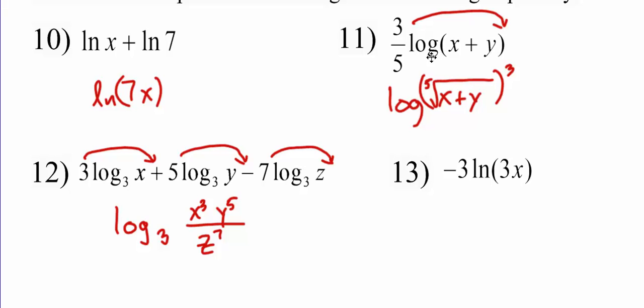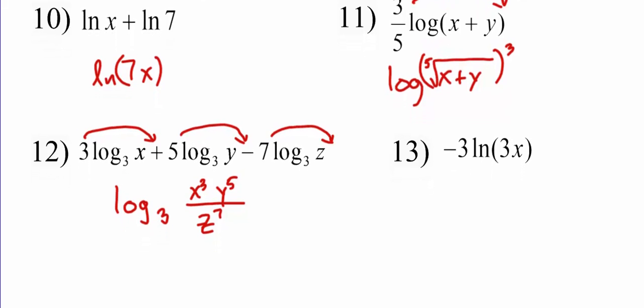So if number 11 said the log of x plus the log of y, then yeah, we could go ahead and change that to be a multiplication problem. But you can't use the distributive property here and say, oh, the log of x plus y is the log of x plus the log of y. That's not true at all. The log of x plus the log of y would be the log of x times y, or xy. So you can't really do anything with this other than just rewrite it like we already did.